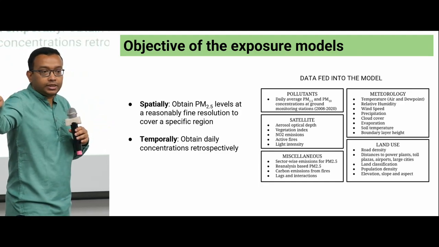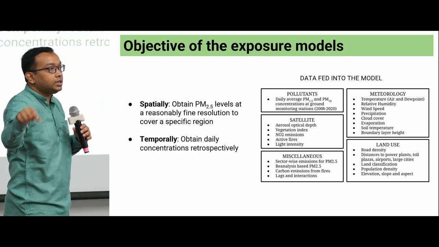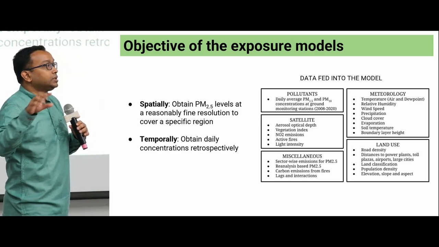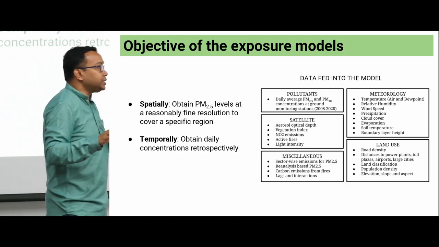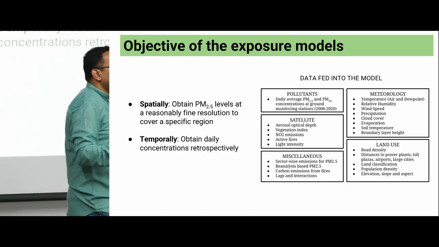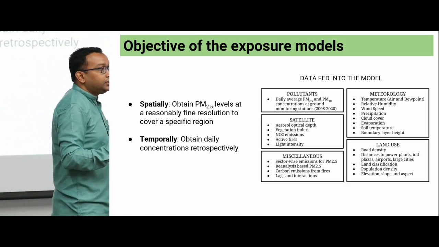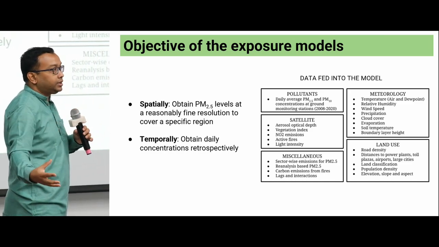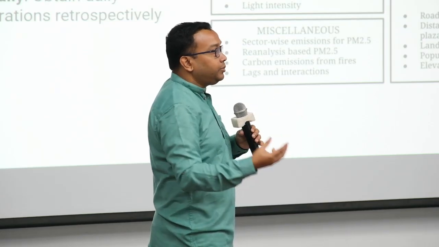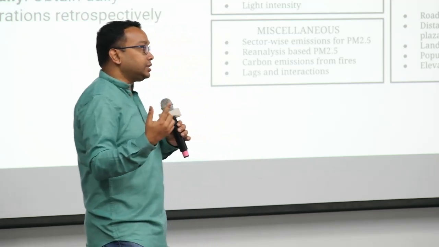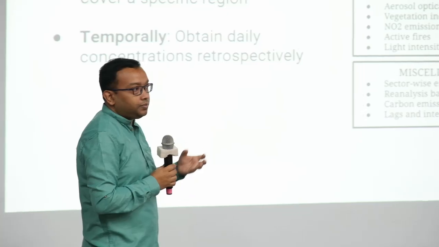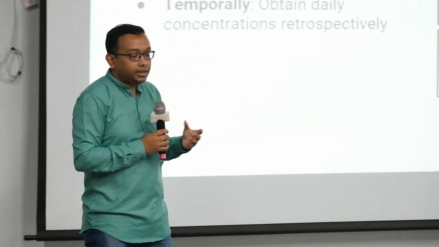Remember when I said there are monitors in 5 different locations? You only have the outcome data at those 5 locations. Outcome meaning PM 2.5 or temperature. In the rest of the places you don't have the thing that you want to model. You want to model the relationship of PM 2.5 with predictors, but the actual value of PM 2.5 is only there at the monitoring stations, not everywhere. But that is the most important part of the model, the data that you will calibrate against.